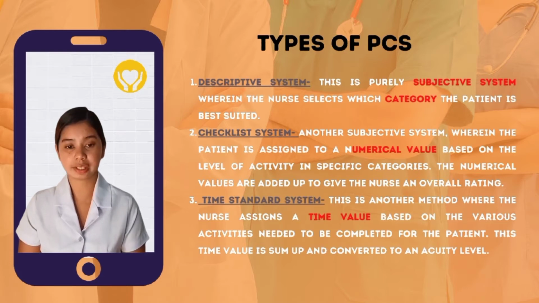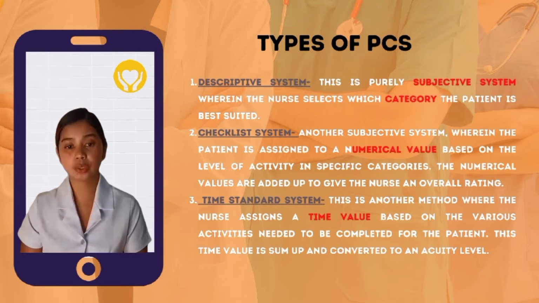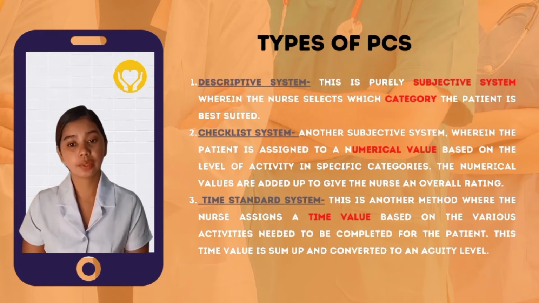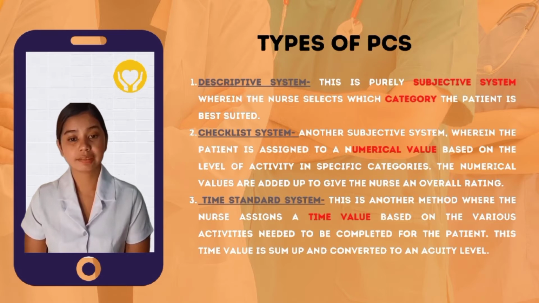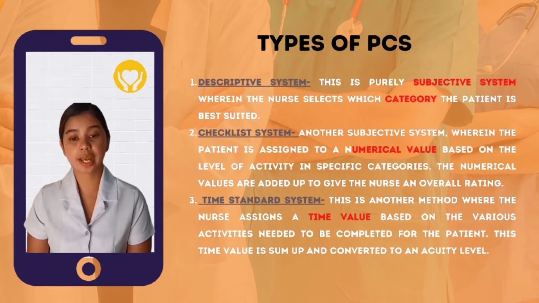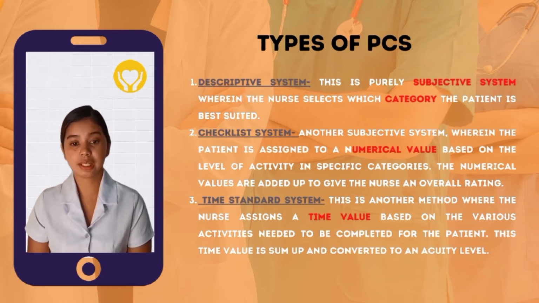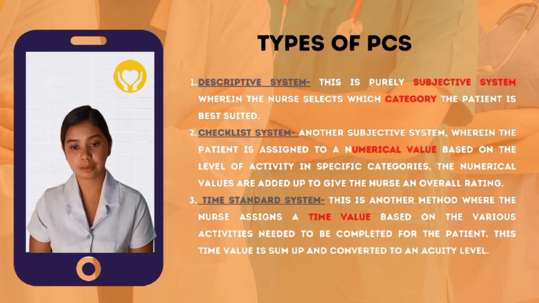Second is the checklist. This is a type of acuity table that divides elements of care routines into activity categories such as eating and bathing. Activity levels are described in each category. Levels in eating might be self-care, help setting up, feeding, and frequent feeding.